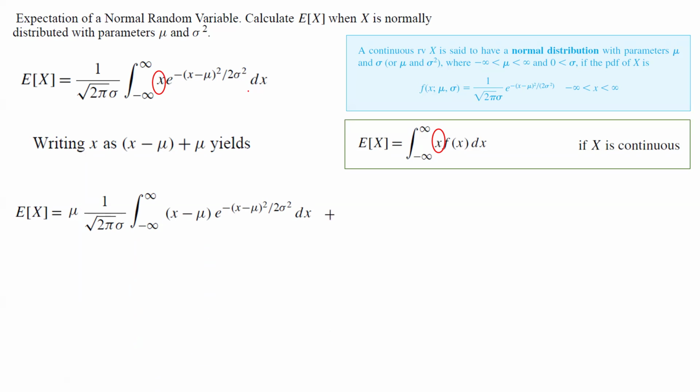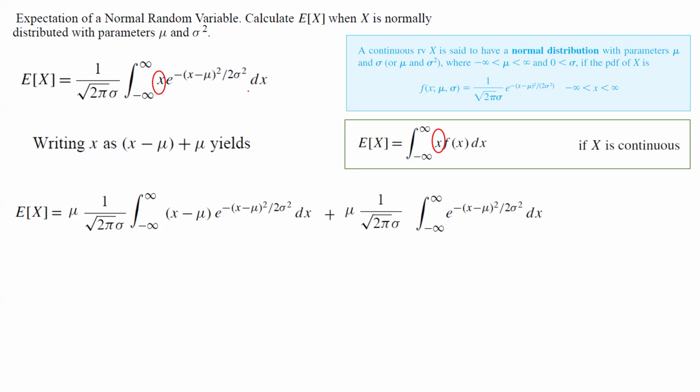Now, the rest of the integral can be written as mu times 1 over square root of 2 pi sigma times the integral of e to the power negative (x minus mu) to the second divided by 2 sigma squared dx.